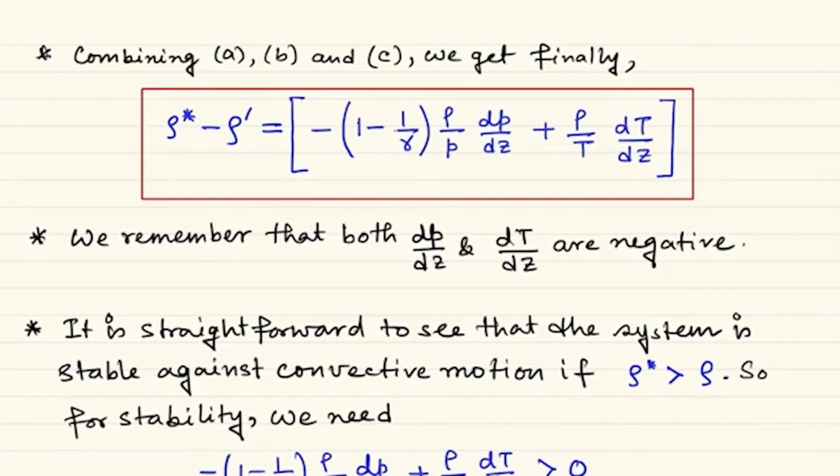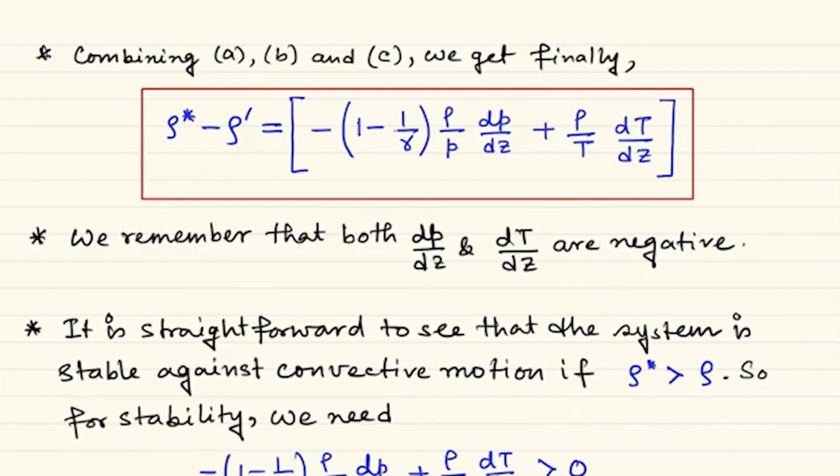So we started by displacing it vertically upward, and if rho star is greater than rho prime, this motion is counterbalanced by its downward motion. This gives us the condition of stability.